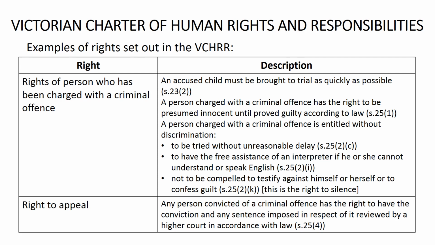The reason for the unreasonable delay qualification for adults is that some cases are very complex. So if you think of Jimmy Gargasoulis, who has been charged with murdering people by driving his car down the middle of Bourke Street, the Bourke Street Mall rather, at the beginning of 2017, there were hundreds of witnesses that the police had to interview.